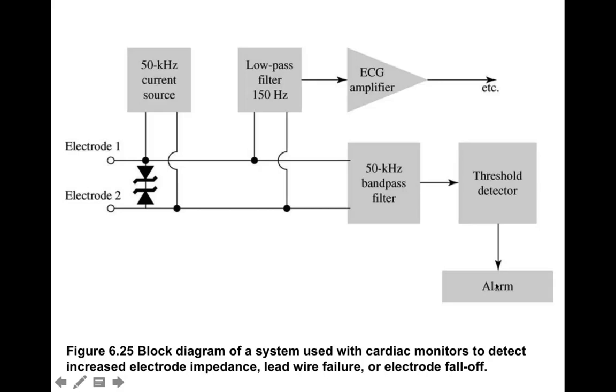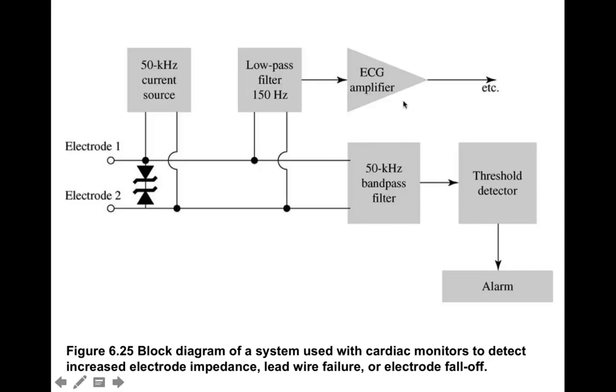If you fall below that, then an alarm is triggered that tells the person watching the monitoring system that they need to go check the leads, check the wires, and make sure everything is still adequate. This is done in a separate, parallel circuit to the actual amplifier.